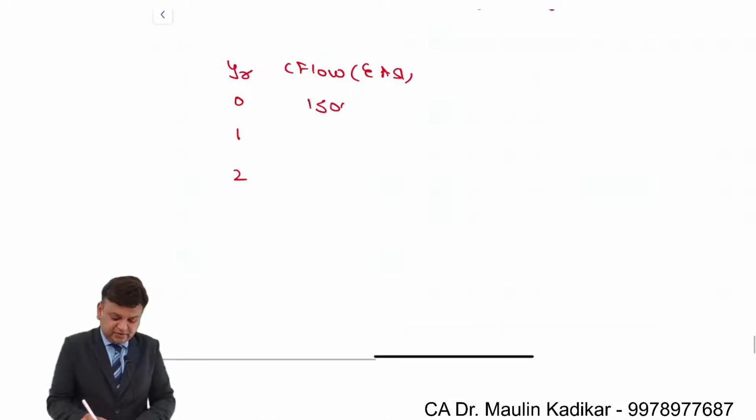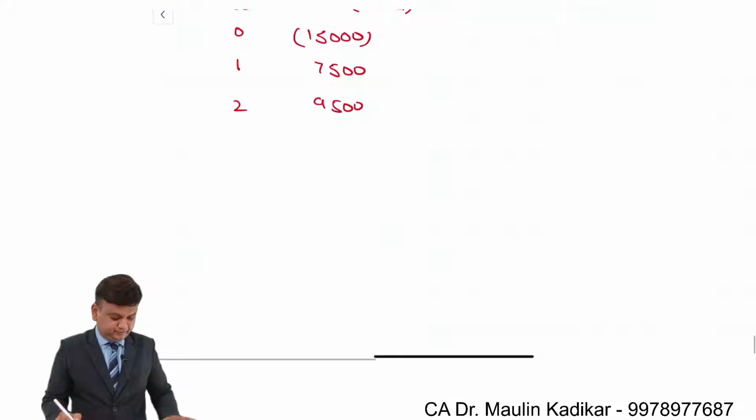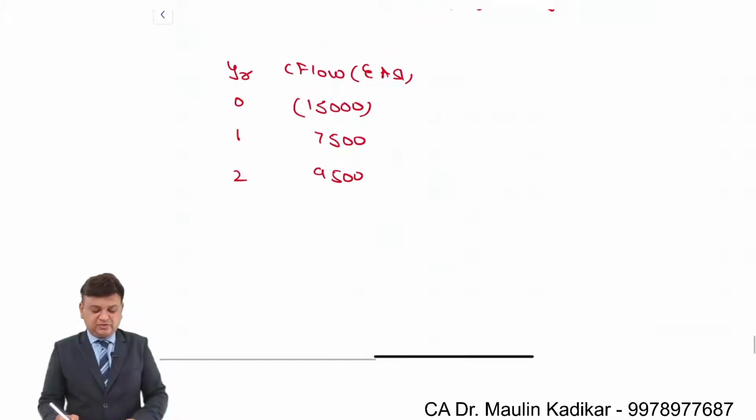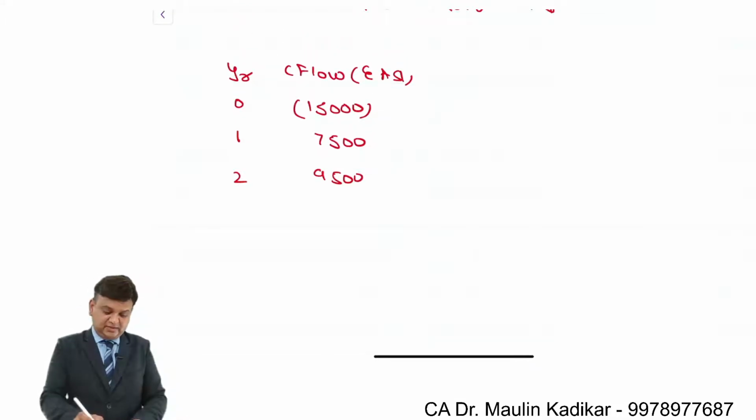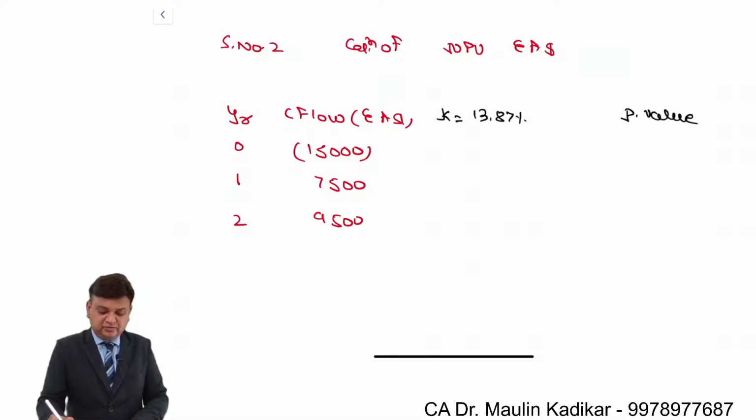Cash outflow of 15,000, cash inflow of 7,500, and again the cash inflow is 9,500. These are the cash inflows that we have for the first year and second year. Now we'll discount the same at the rate of 13.87%, and we'll make the calculation of the present value.